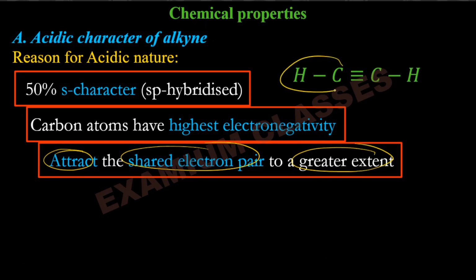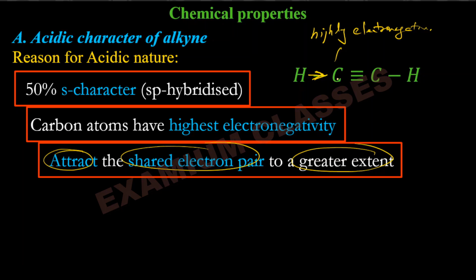So here what will happen, in the C-H bond, the carbon will pull the shared electron pair towards itself because it is highly electronegative in comparison to alkenes and alkanes. Otherwise it will not be very electronegative.